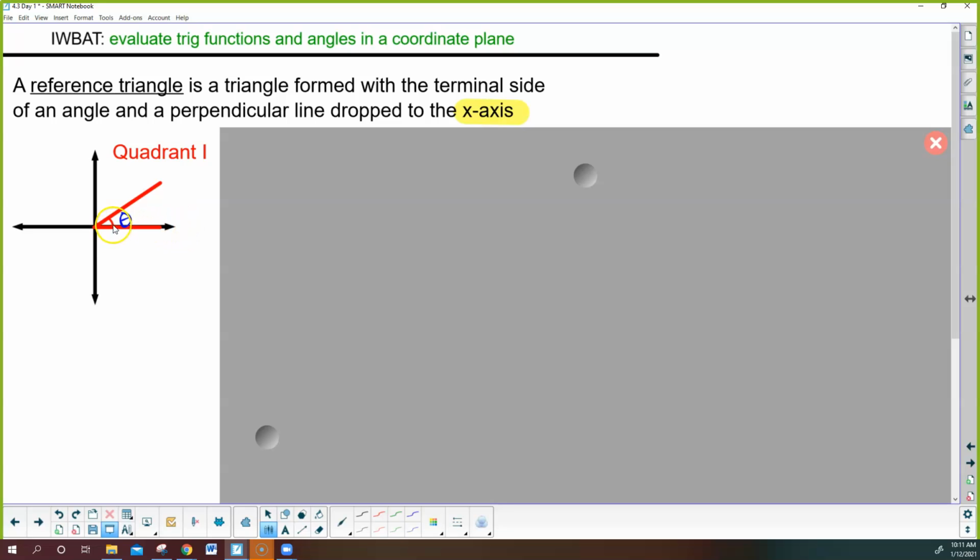And then in this case, we go up to be positive. Now, if I take that terminal side and drop it down, you see the triangle that's formed here? That's going to help us identify which side is opposite, adjacent, and hypotenuse, which allows us to get to SOHCAHTOA, right? And so that's our whole skill, is we're really getting to this point where we're going to SOHCAHTOA right now.